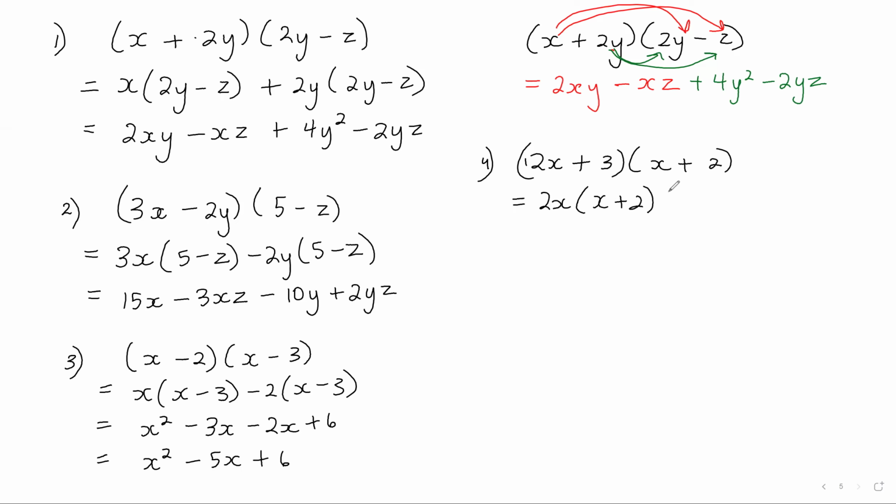And then I take the second term from the first bracket, that's plus 3, and I multiply it by the full second bracket, x plus 2. So this gives me 2x times x, which is 2x squared, and 2x times 2, which is 4x. And then 3 times x is 3x, and 3 times 2 is 6. So simplifying, I get 2x squared, 4x plus 3x is 7x plus 6.